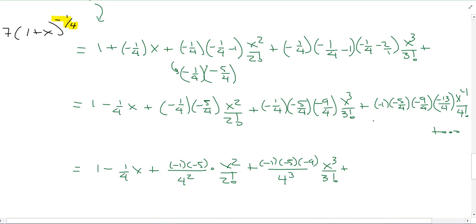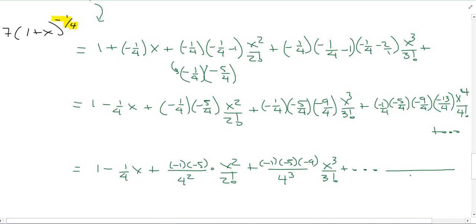So the question is, what does our nth term look like? And so that is what we want to figure out, what the pattern is. So it's going to be based on this, right? Notice that I'm missing one here. Oh, minus 1/4. It'll be 4 to the 4th.